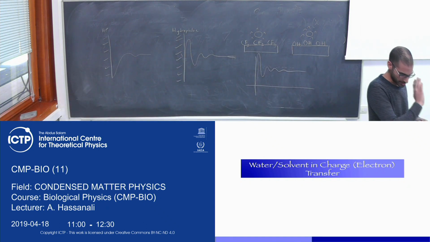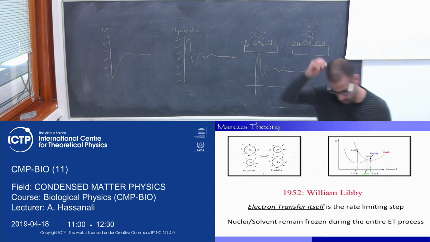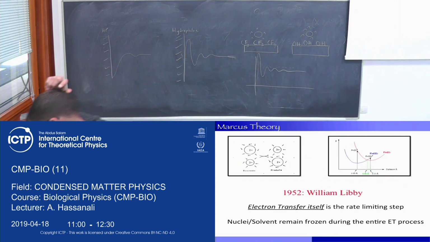Okay, fine. I'm not going to go through the details of this, but just to tell you about it, because this is something that is important. This is something known as Marcus theory. Marcus theory is a theory that Rudy Marcus developed in the 50s for trying to explain charge transport in the condensed phase.